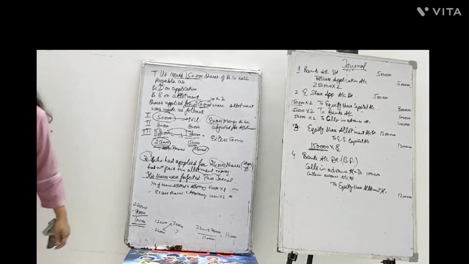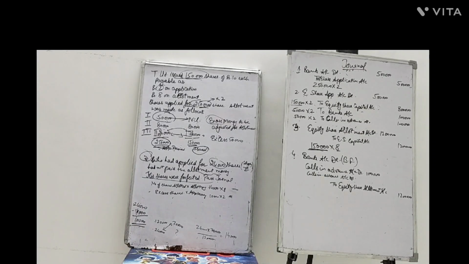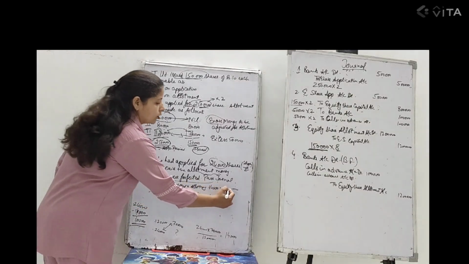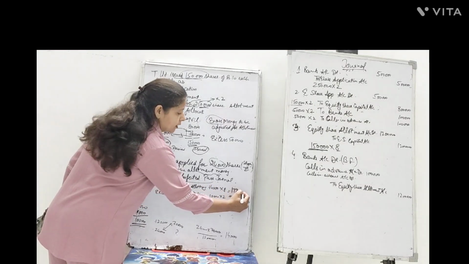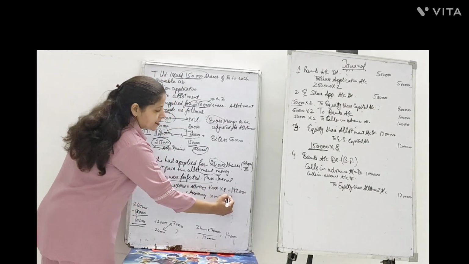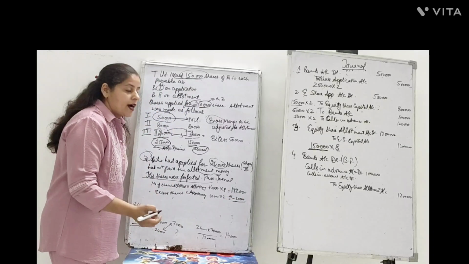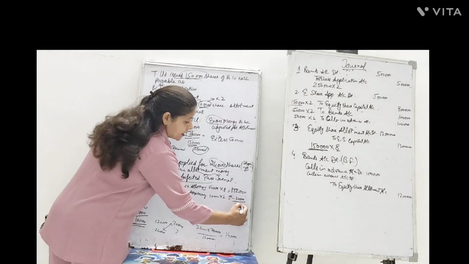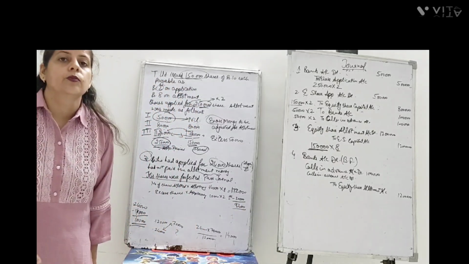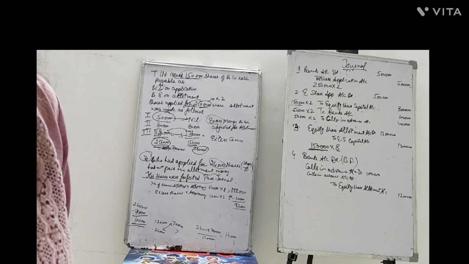So we will multiply 14,000 into 8. The total amount due on allotment was 1,12,000 rupees. How much was the excess? 20,000 rupees. How much was in arrears over here? That is 92,000 rupees was in arrears here.